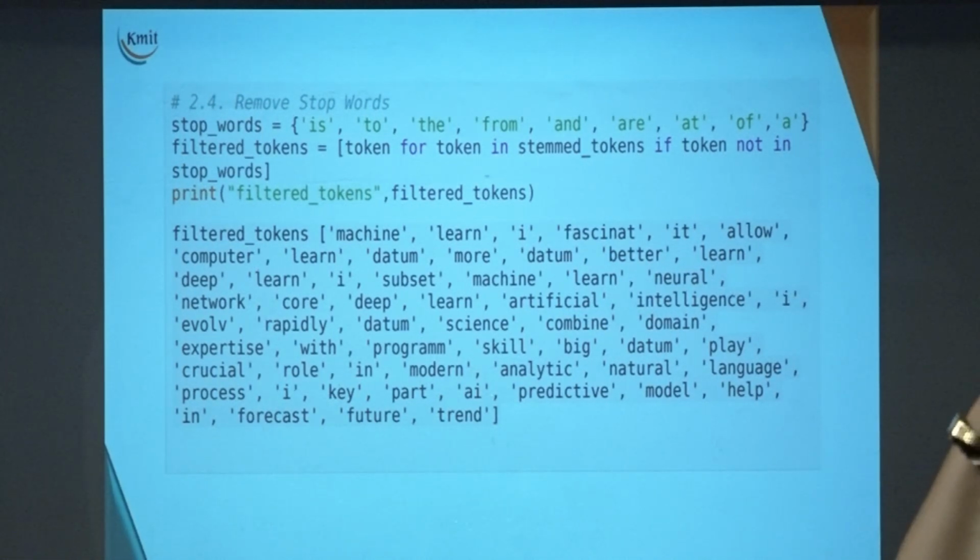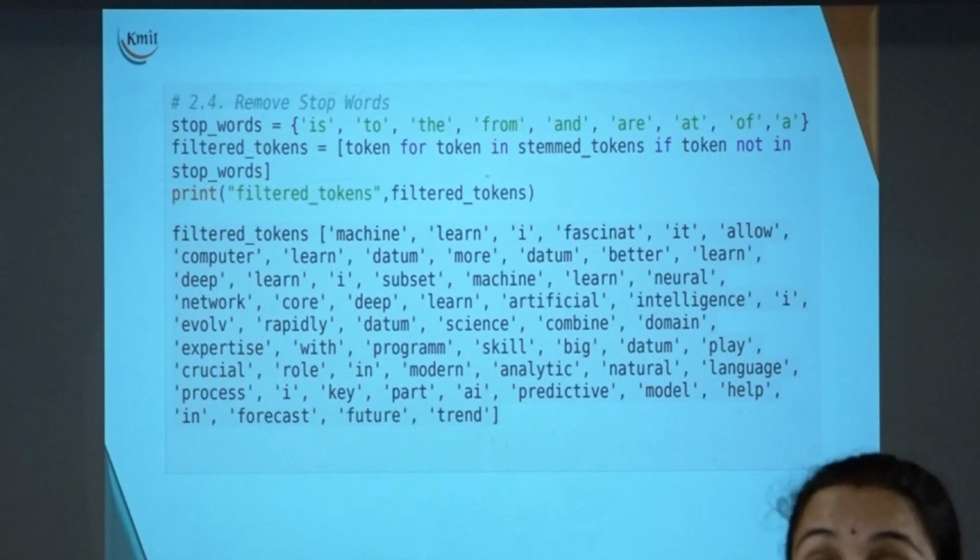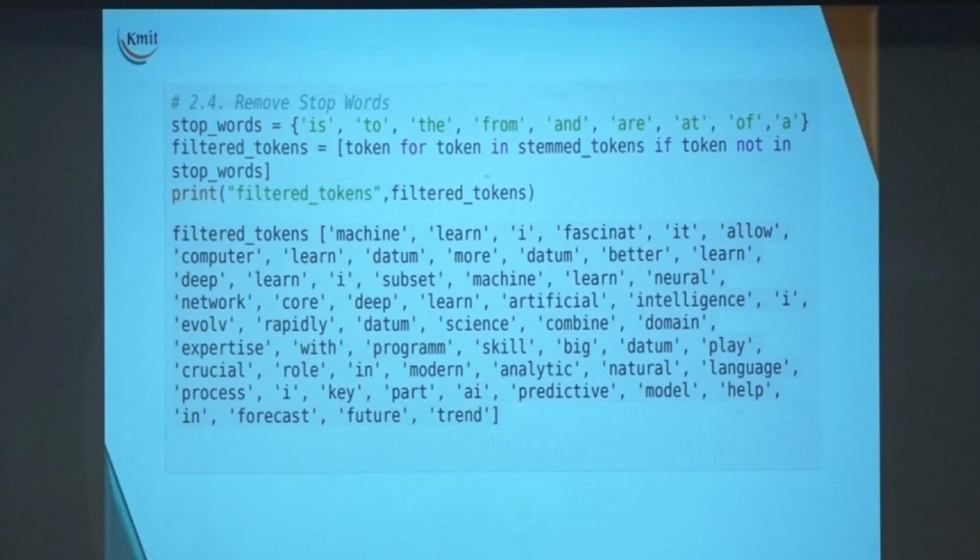Okay? So how did we begin? We gave the data. What was the first step? Tokenization. What was the next step? Lower casing. Why? To avoid case sensitivity. Then lemmatization. What does it do? To extract the root word. Correct.